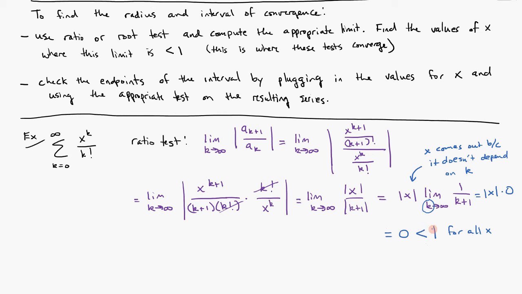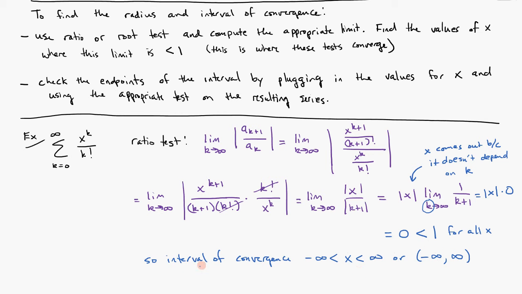So this limit is always smaller than 1 for all values of x, and so the interval of convergence will be all values of x in the real number line, or from minus infinity to infinity.